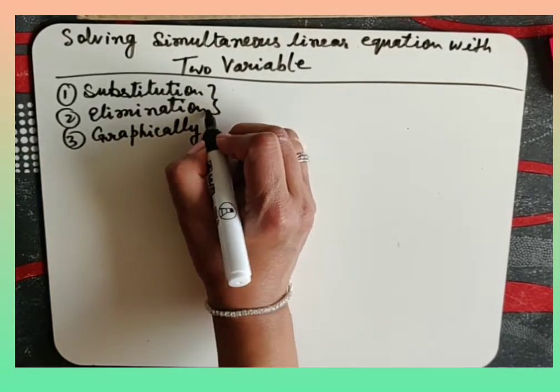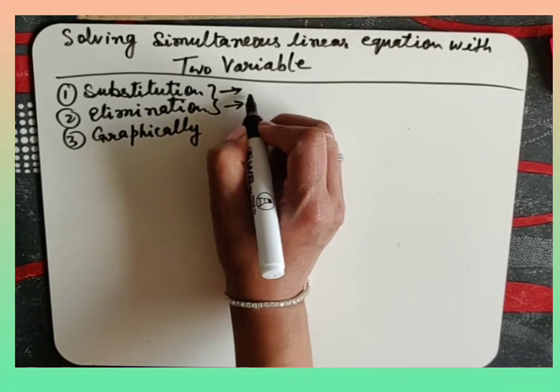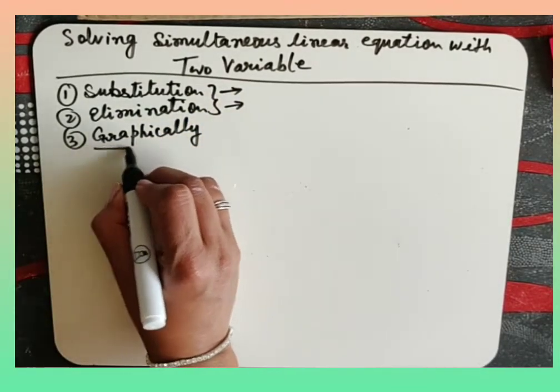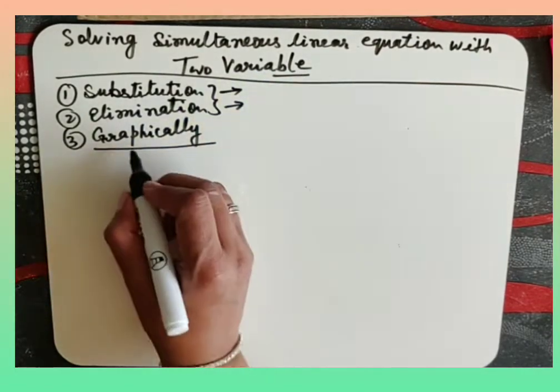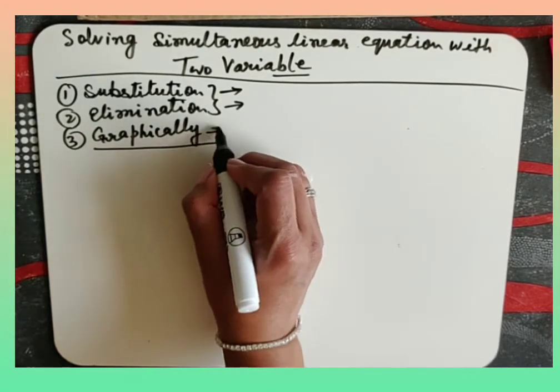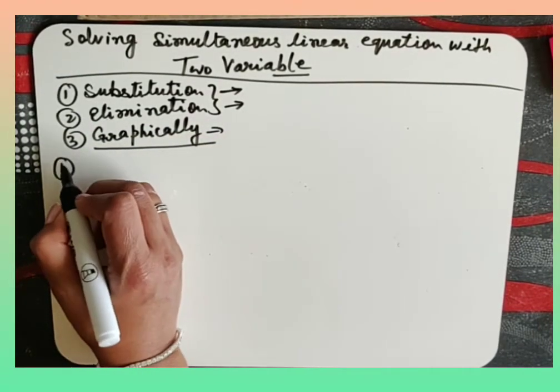In this video I am going to explain substitution and elimination. I will make another video on how to solve two linear simultaneous equations graphically. Let's take the first question.